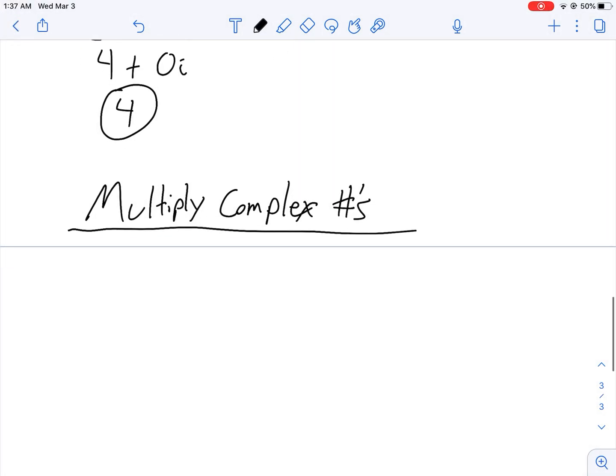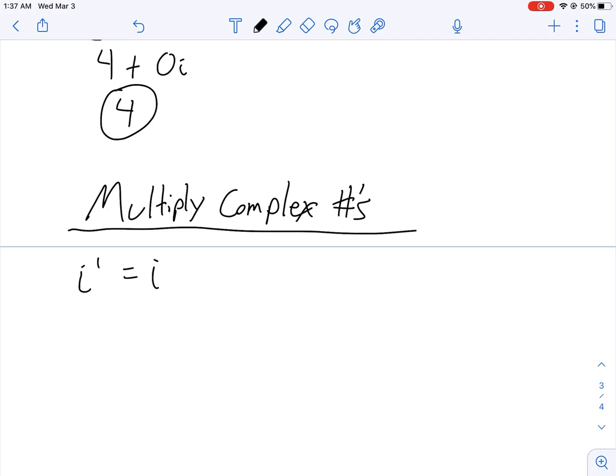So here we go. I to the first power, we're just simplifying into i's. That's just i to the first power. So we just leave it as i.